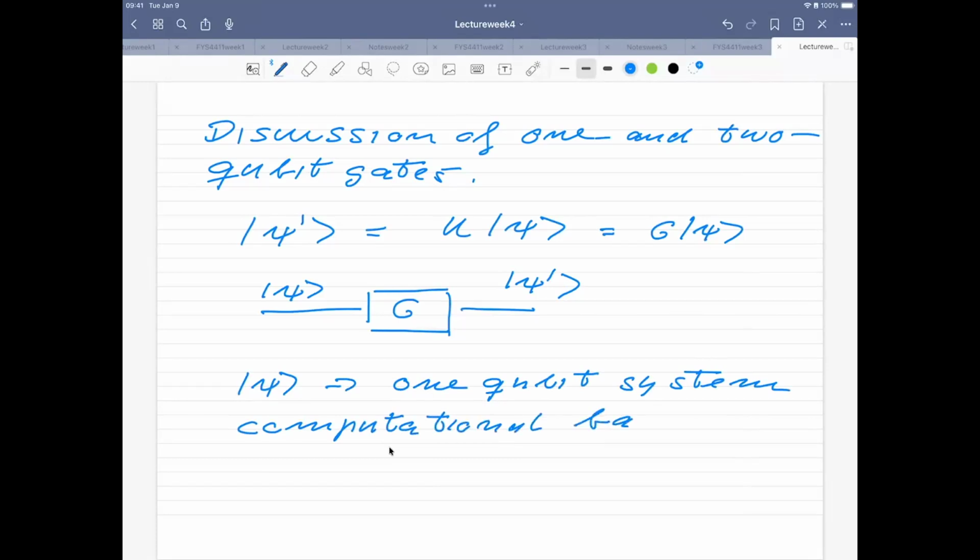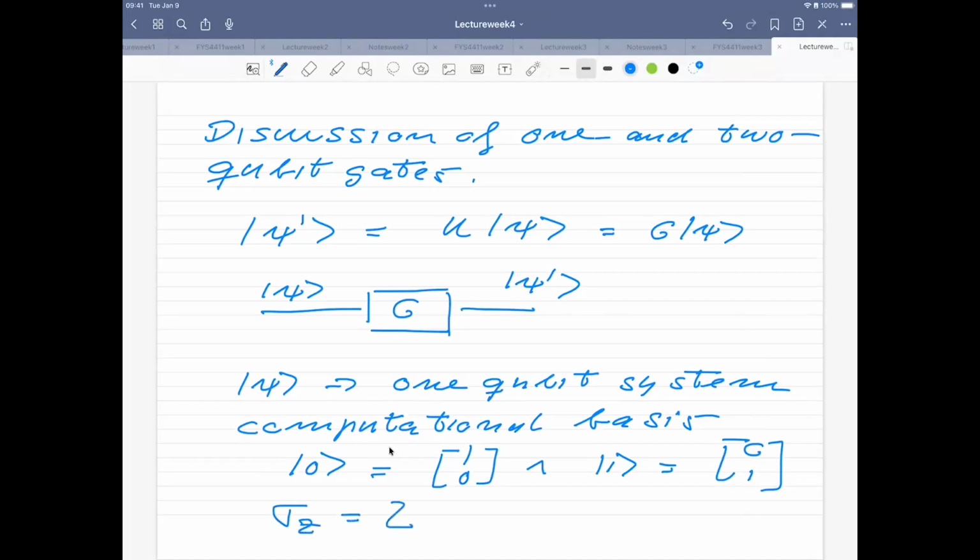Computational basis is going to be 0, which is now given by this specific vector, and 1, which is then given by 0 and 1. And this is something which we discussed earlier. We know that the Pauli Z matrix, which I'm going to label as Z here, is a matrix which is now given by 1, 0, 0, -1.